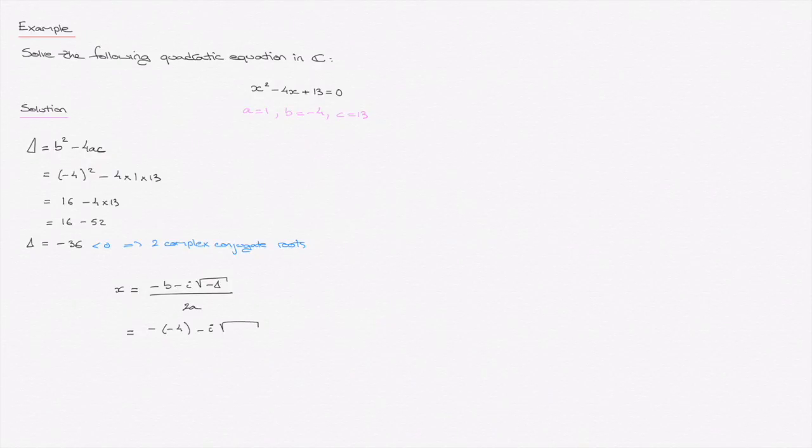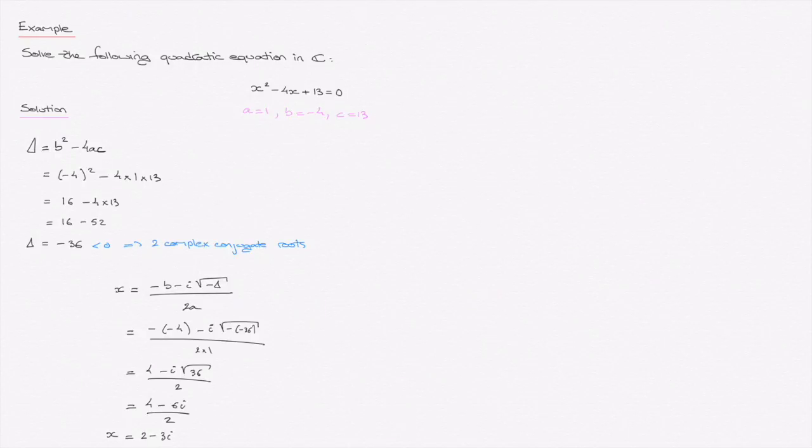Since delta is negative 36, that's negative negative 36, all of which is over 2a, so 2 times 1. That leads us to 4 minus i times the square root of 36 over 2. This leads us to 4 minus 6i over 2, and finally we can state that one of the roots is x equals 2 minus 3i.